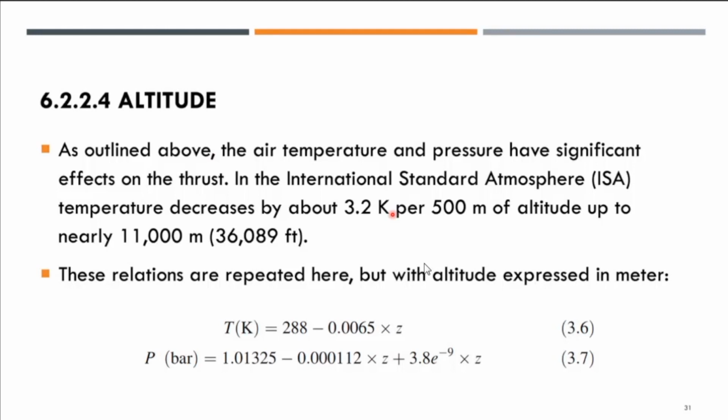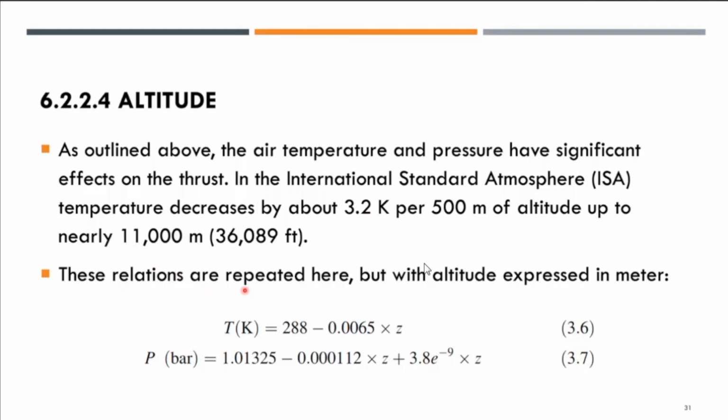This decrease in temperature with altitude is about 3.2 Kelvin consistently until it reaches 11,000 meters. Beyond 11,000 meters, it is a more rapid drop.